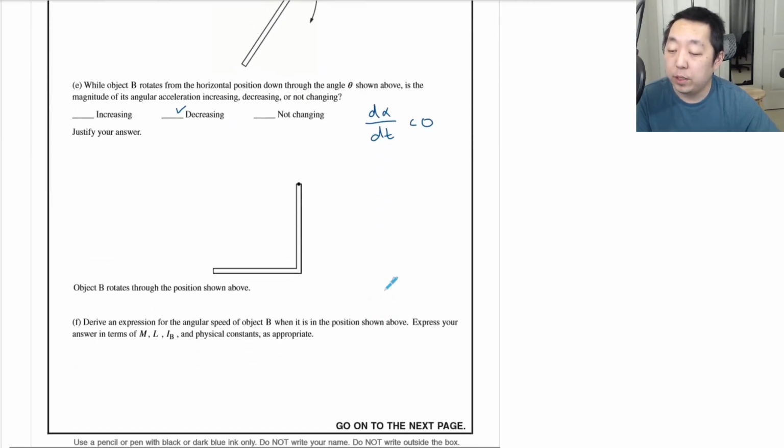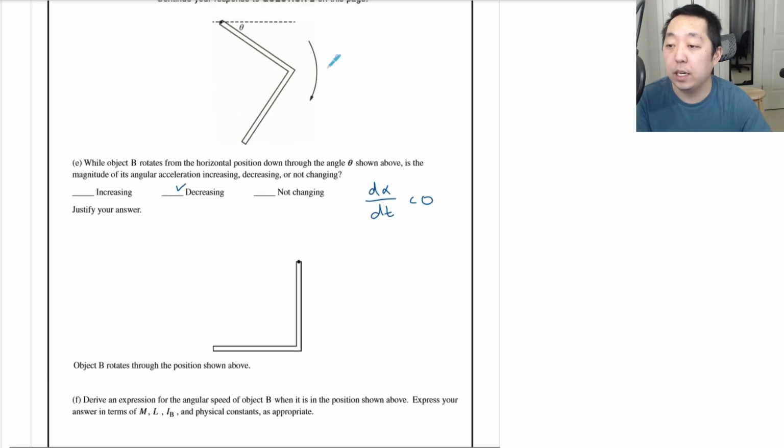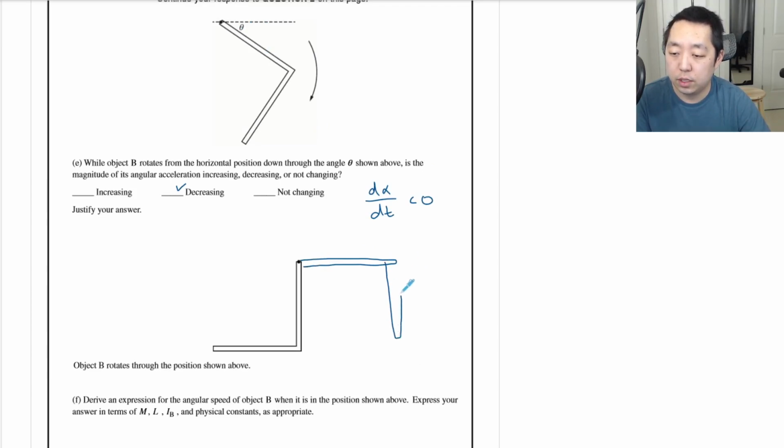Okay, object B rotates through the position above. Derive an expression for the angular speed of object B when it is in the position shown above. Express your answer in terms of m, g, and L. So basically we're going to start at a position like this and go down to this position.